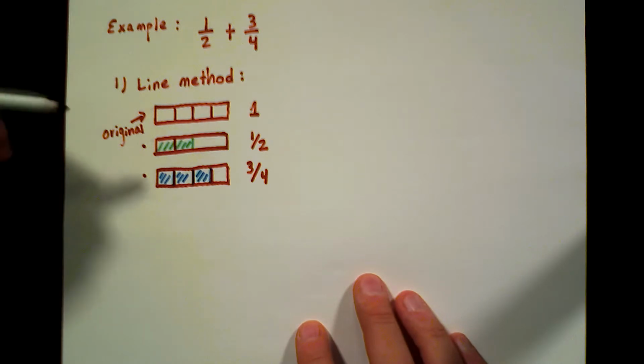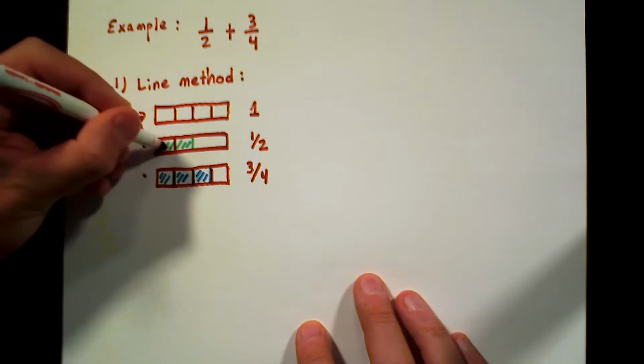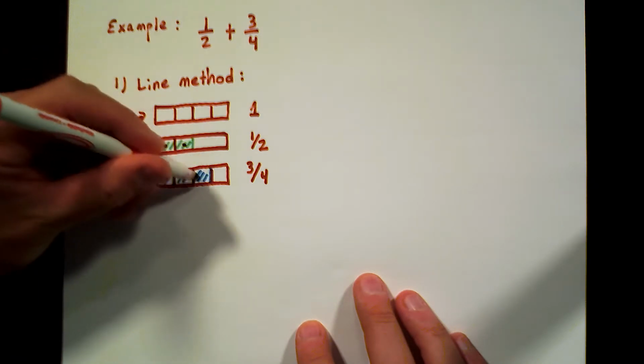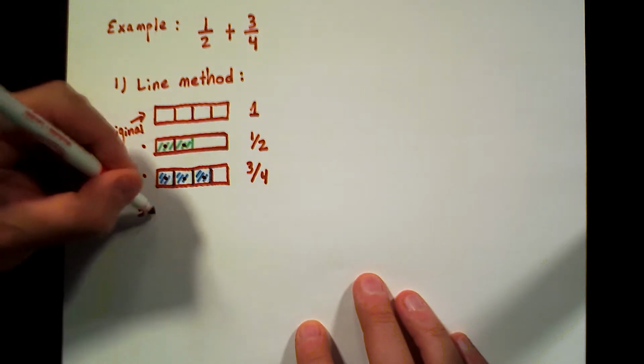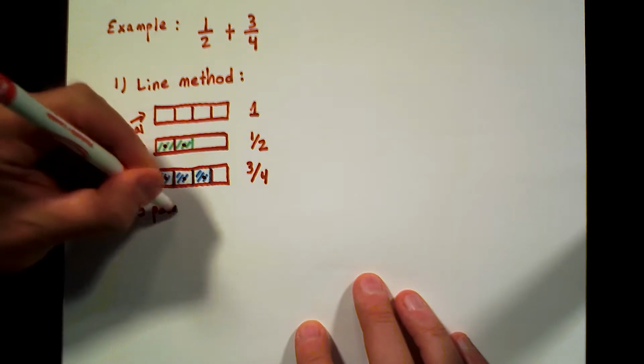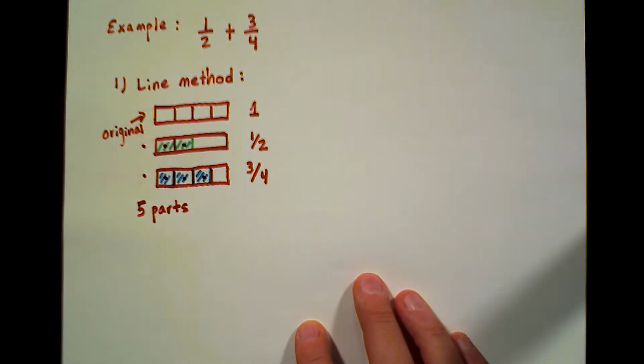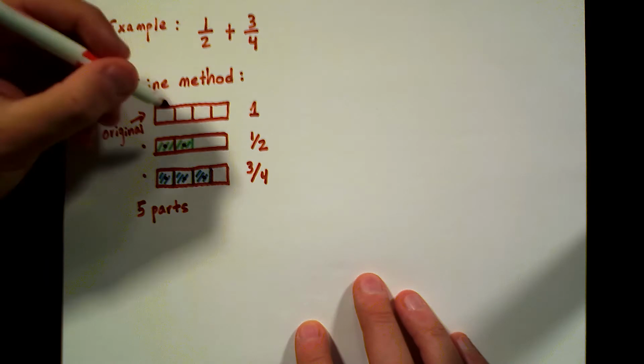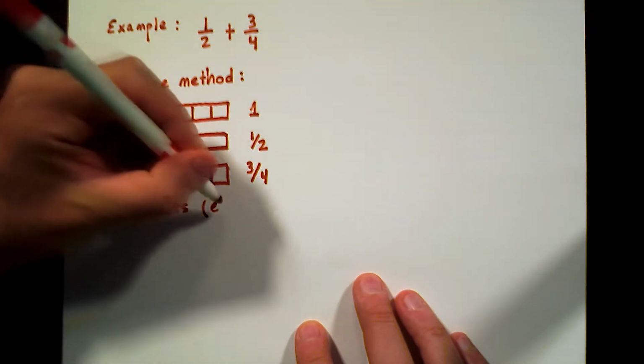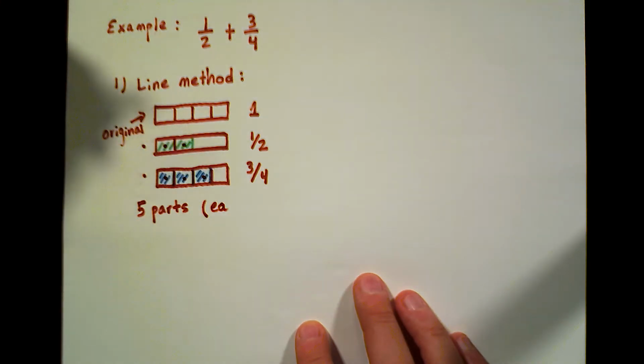And then the kid right away sees, oh, I'm adding, so I'm just collecting these parts, and I have 1, 2, 3, 4, 5. So 5 parts, or 5 pieces of equal size. And then you could ask, what's the size of each piece? And it'll be clear that it's 1/4.